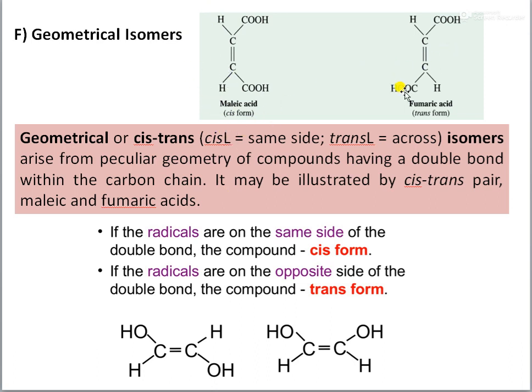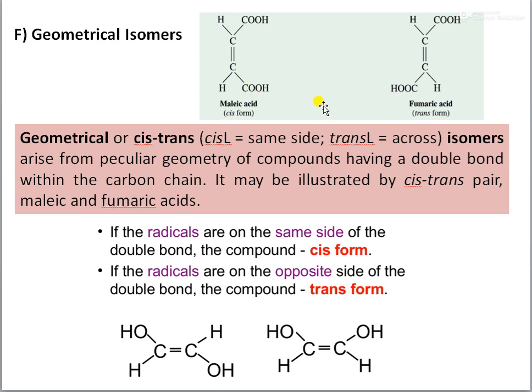But in the trans form, COOH and COOH are on opposite sides of the double bonded carbon atoms, and the hydrogens are also on opposite sides. So this is called the trans form and this is called the cis form.